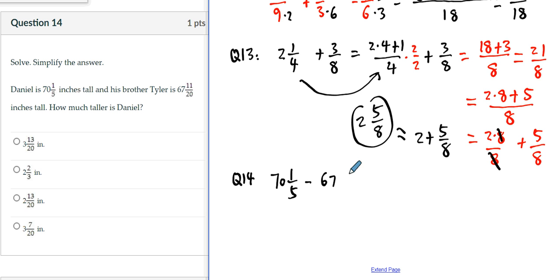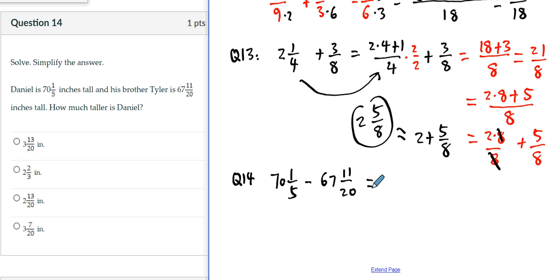Daniel is taller, so bigger one subtract smaller one. And then you can do this in different ways. Let me always do it in this way.